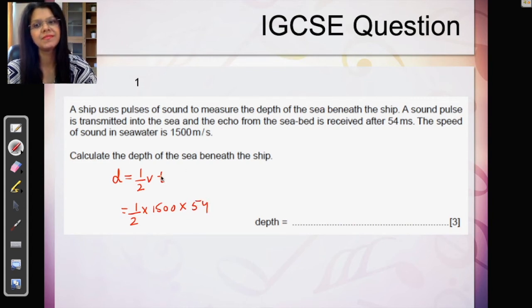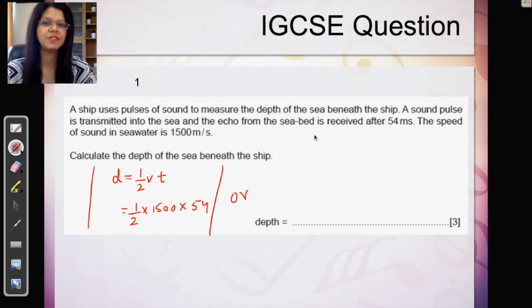Or if you do not remember the formula, use the speed formula. Speed, you know, is distance over time. That's the formula for the speed that we have written here. Speed is how much? 1500. How much is the distance moved?